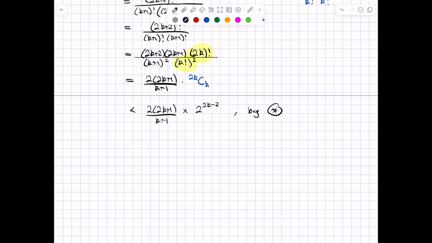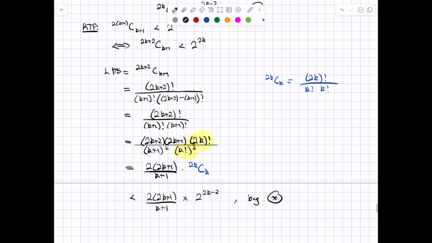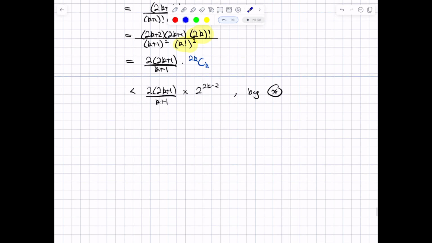And now I just have to make my way down and try to land at 2 to the power 2k. So I really need to somehow turn this into 2 squared. Well, I've already got one of the 2s that I can combine with this 2 to the 2k−2. So let me do that: (2k+1) over (k+1) times 2 to the 2k−1.